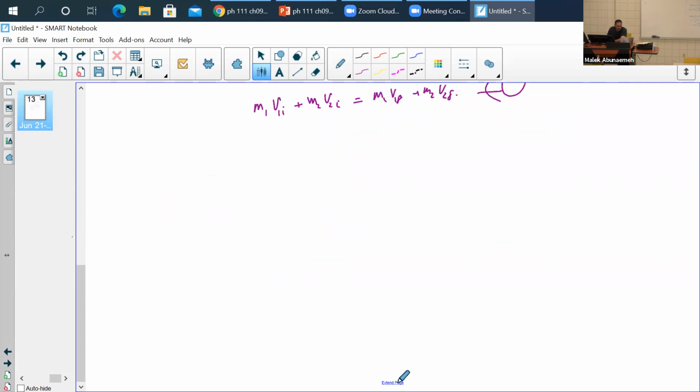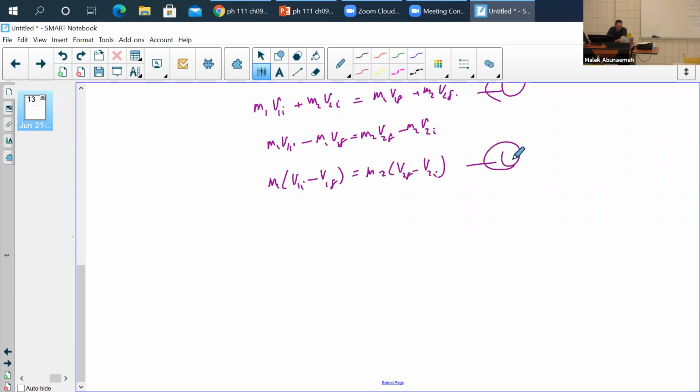Again, we call this equation number 1. That means your m1 v1 initial minus m1 v1 final is going to equal m2 v2 final minus m2 v2 initial, where you get m1 (v1 initial minus v1 final) equals m2 (v2 final minus v2 initial). Again, this is still equation number 1.